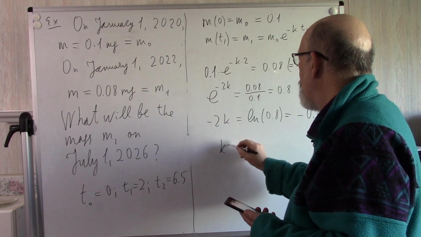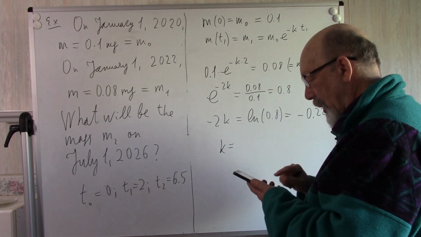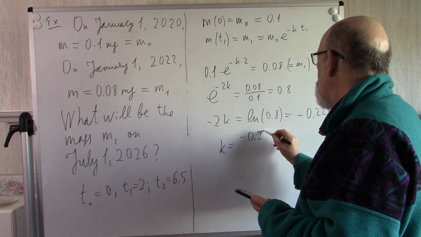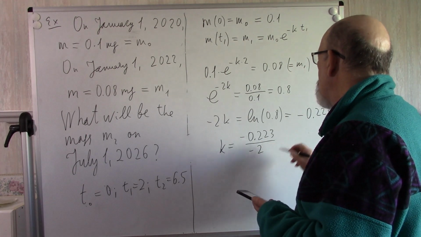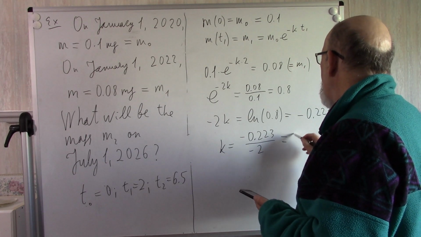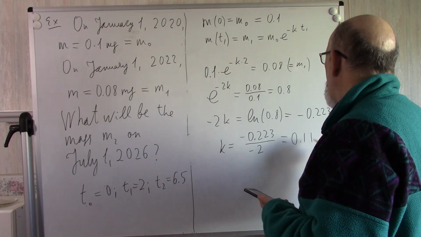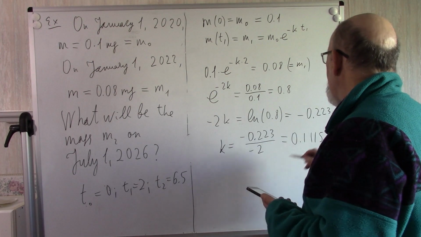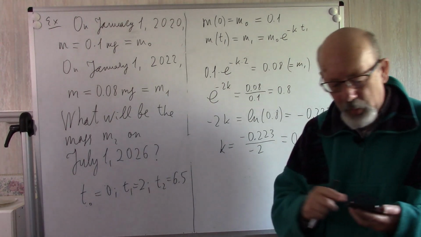K equals, now we have to divide this by 2, so minus 0.223 divided by minus 2 equals 0.1115. Okay, let's truncate it: 0.111.